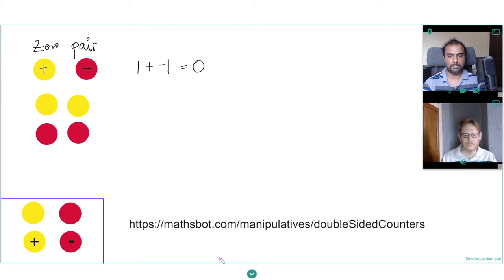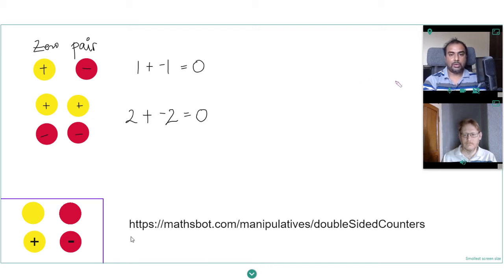And yeah, there's 2 zero pairs there. Brilliant. So then mathematically we could say, well, those are 2 positives added together with 2 negative charges. And that again brings back to 0.